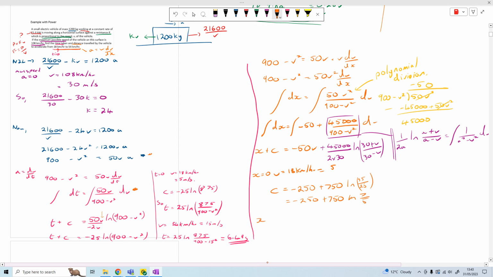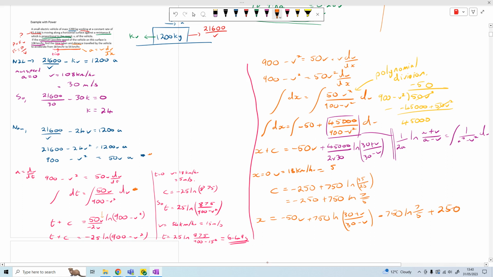So x is equal to, let's take everything over to the other side, so minus 50v. Then I've got plus 750, because remember that's what this fraction is here, ln of (30 plus v) over (30 minus v). This is going to be negative when I take it over to the side, so minus 750 ln of 7 over 5 plus 250.